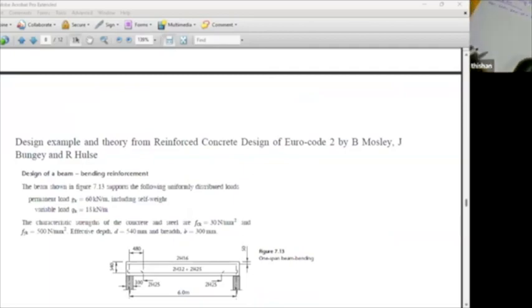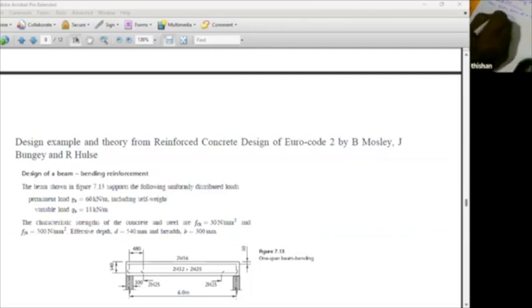Mandu, can you find the value? 60 into 1.35 plus 18 into 1.5. What is the answer? 108.